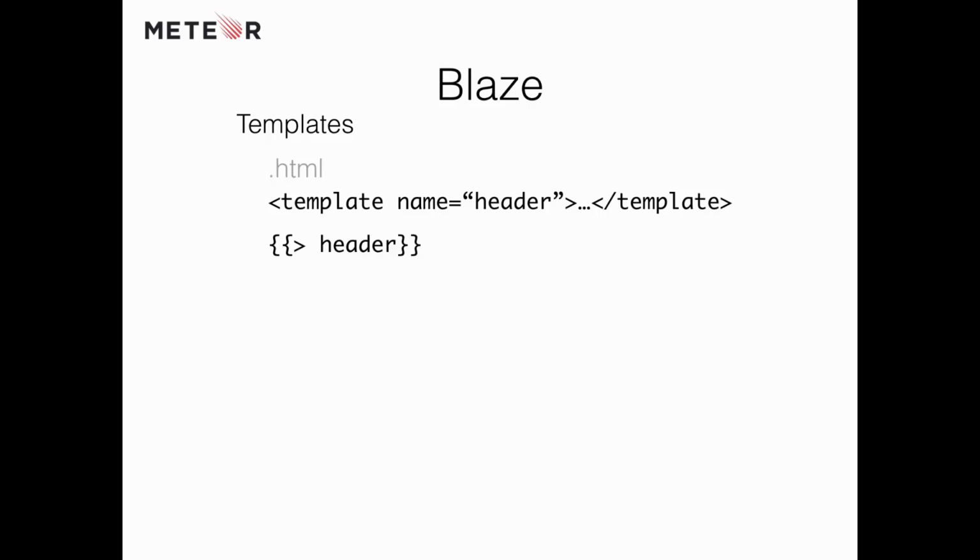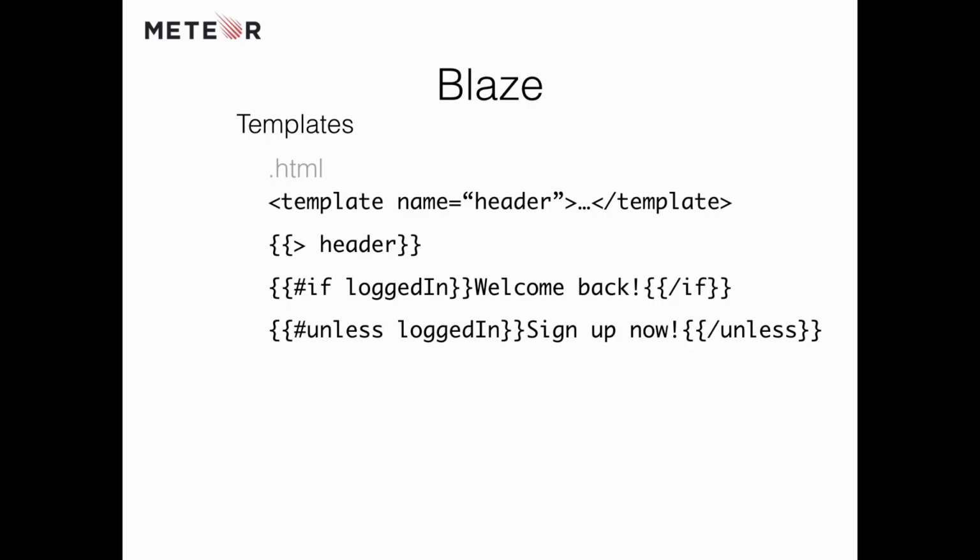I just want to look at a couple of the things we can do inside of templates. The first of which is if statements. We use the double curly braces syntax and #if, and you get an if statement. So in this case, we can check if logged in, we write the message welcome back, and if logged in was false, then welcome back would not appear on the page. And similar to if, we have an unless statement, which is the opposite of if.